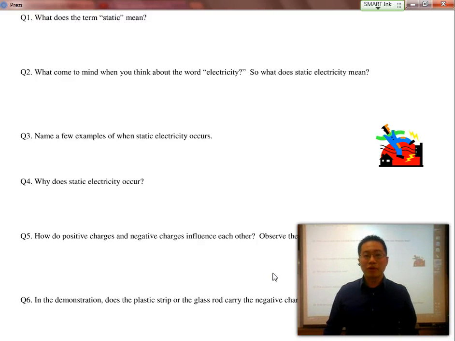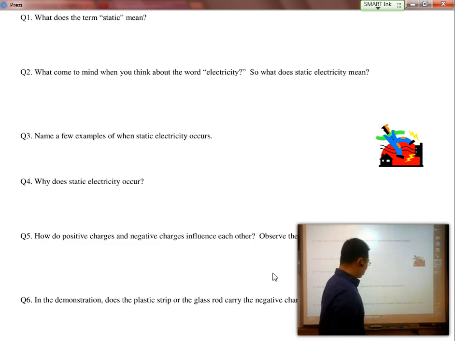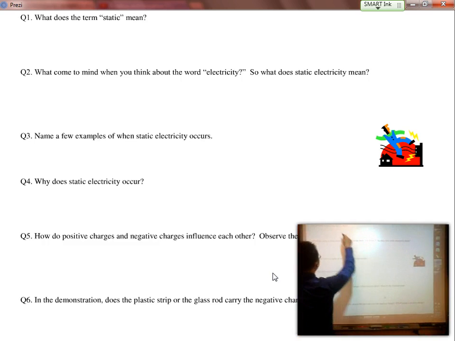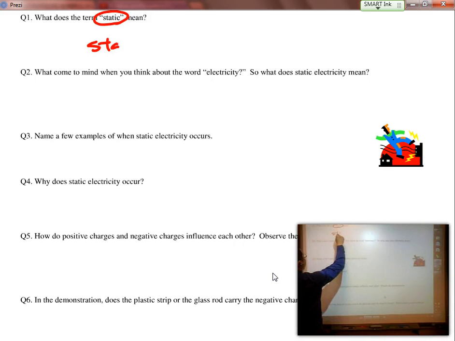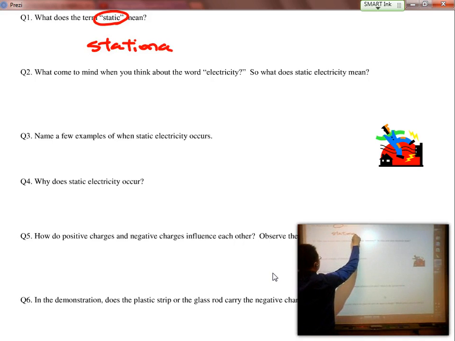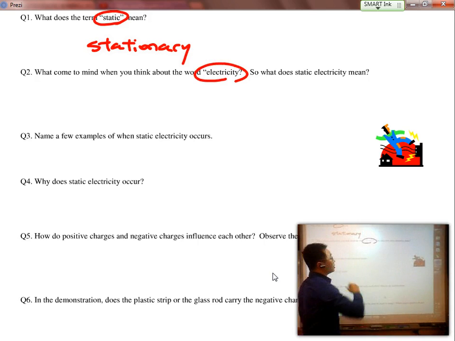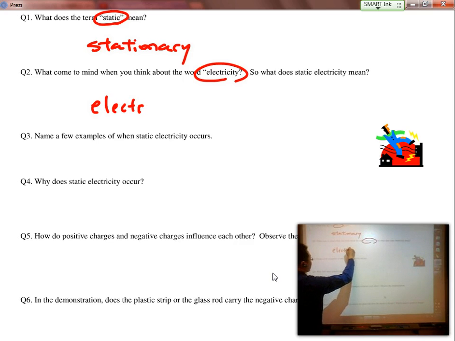And when we think about the word electrostatics, we have to wonder, what are we really talking about? When do we really see static electricity? Well, the term static itself, of course, means stationary. And when we think about the word electricity, we should automatically think about electrons.